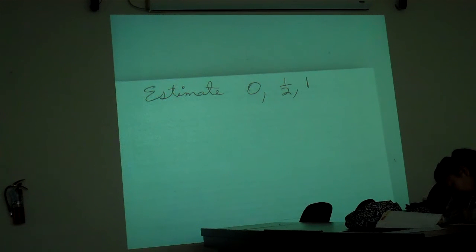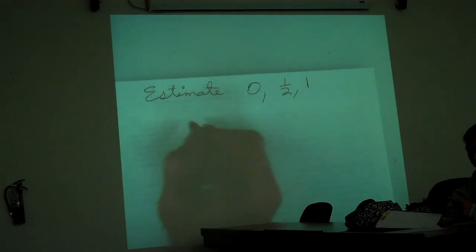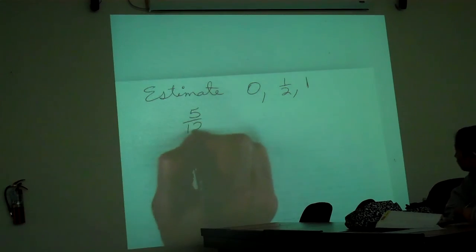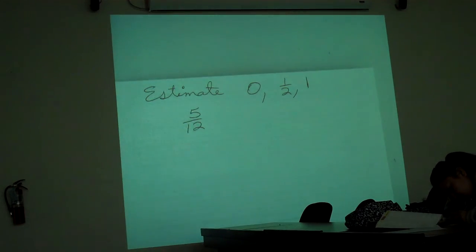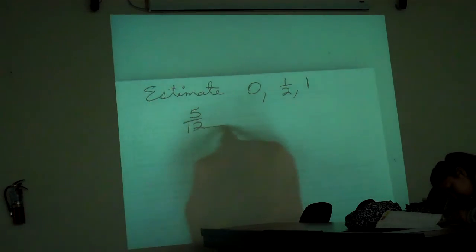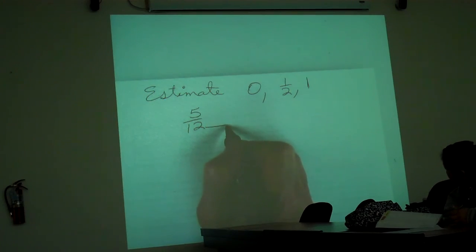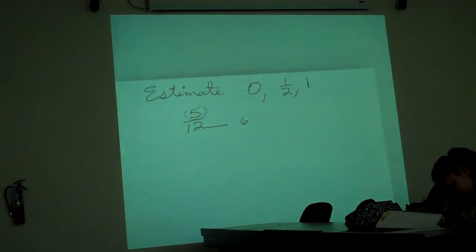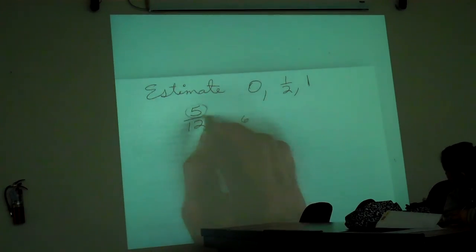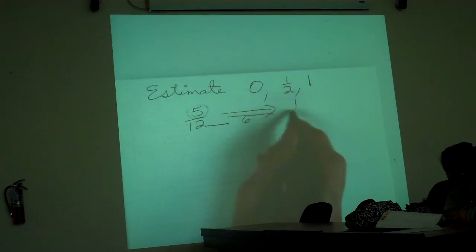So it's gonna give you a fraction and it wants you to estimate whether it's closer to 0, 1/2, or 1. If your fraction is like 5/12, look at your denominator. The 12, what is 1/2 of 12? 6. 1/2 of 12 is 6. This is close to that, right? Yep. So this is going to estimate to be 1/2.